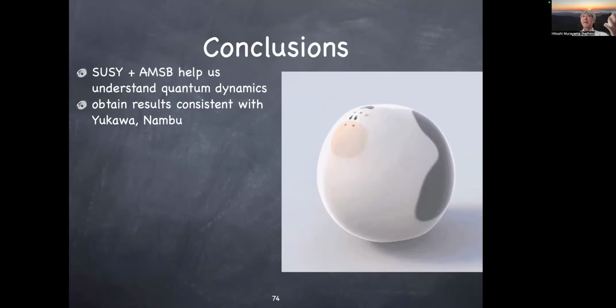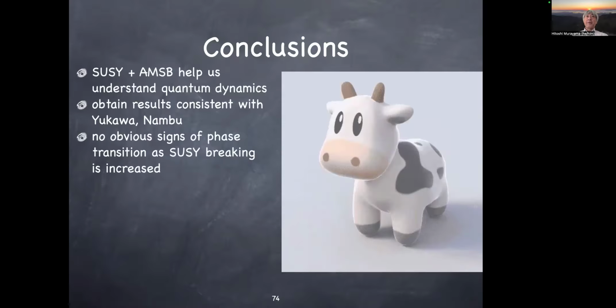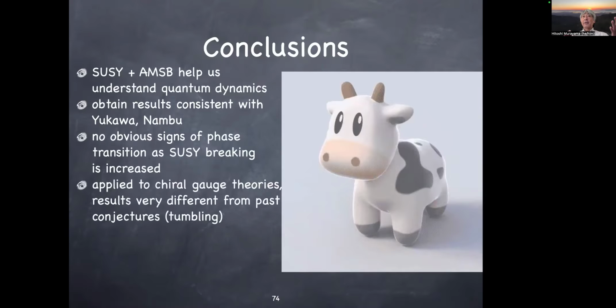And the end results end up being very much consistent with what we expected QCD should be doing. And there are no obvious signs of a phase transition to go back to the real cow as SUSY breaking is increased. And so that's why we think that there's a crossover.